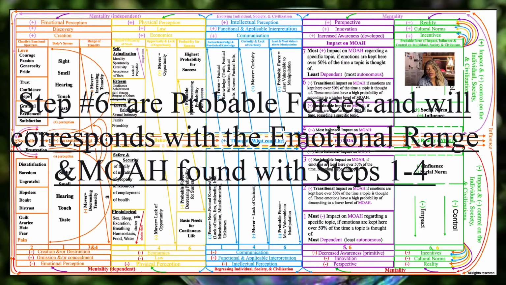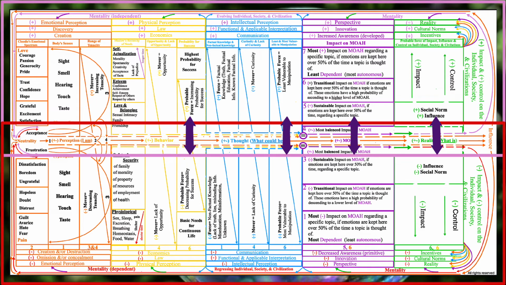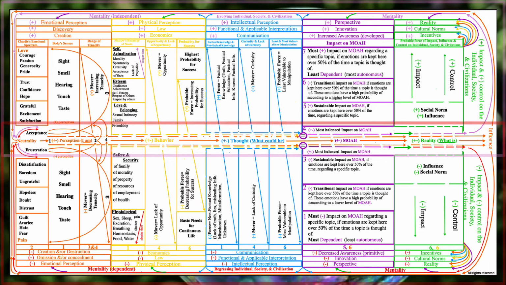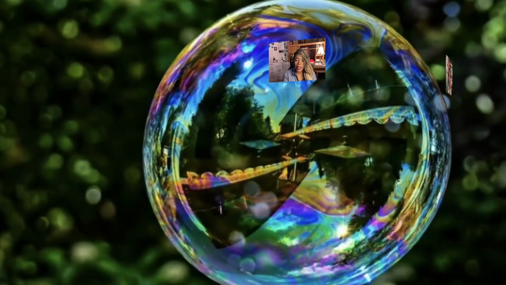The probable force can then be found encapsulated in either the emotional range or will correspond with the MOAH determined, and this is how the numbers on the charts can be used to estimate MOAH, emotional range, and probable forces of a person or a body of people.